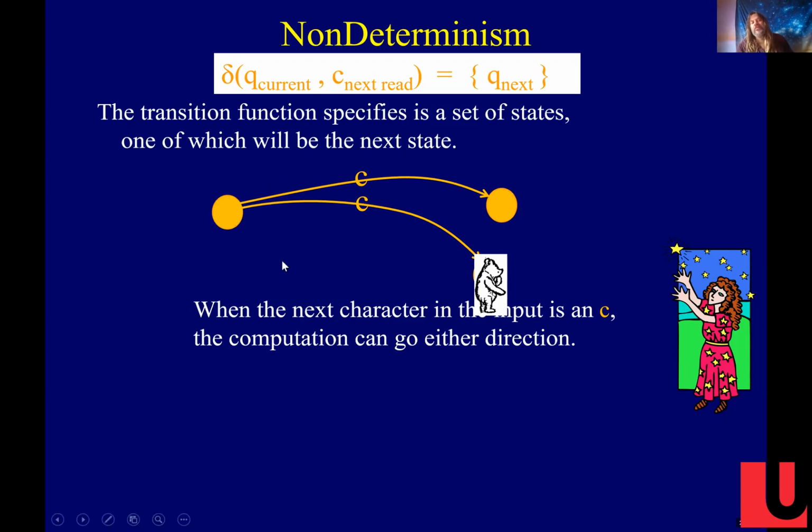The way I write up the story on the test is we're not going to have any of these transitions where C happens twice. Pooh Bear is always going to know which way to go. It's only with the epsilon transitions that the fairy godmother will push him.